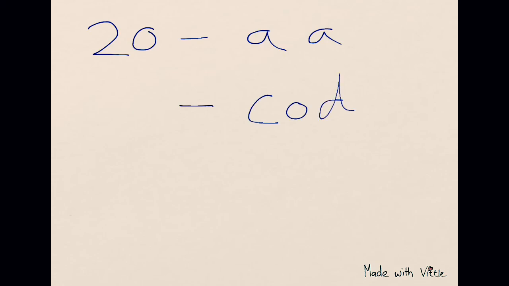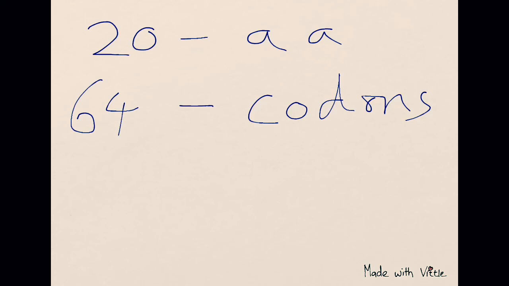Okay, but there are only 20 amino acids on Earth. And the possible combinations of 3 different nucleotides to make codons is 64.